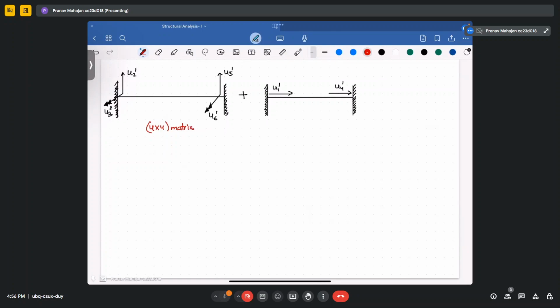And here we have written it as AE upon L into minus 1 minus 1, minus 1 1, a 2 by 2 matrix, and combined you have a 6 by 6 matrix. Okay, so you can decouple them and solve them separately and get to know the values, and then you can get the whole stiffness matrix for the frame structures.